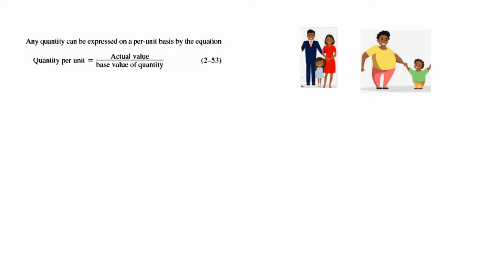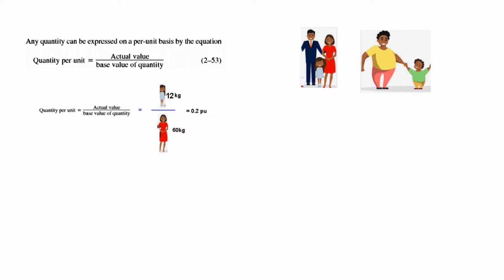We know that the per unit value can be found by the actual value divided by the base quantity. In the first case, the actual weight of the girl is 12 kg, and we take the mother as the base. So mother has 60 kg weight. So actual divided by the base value, we get 0.2 per unit.